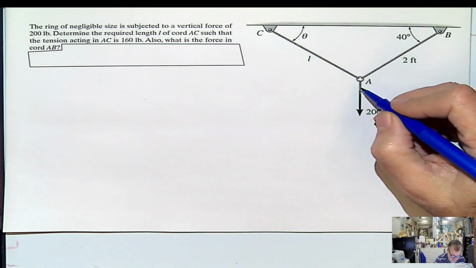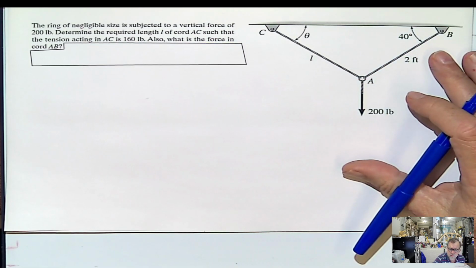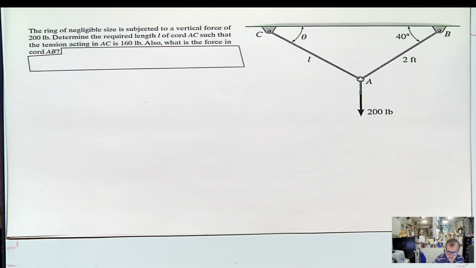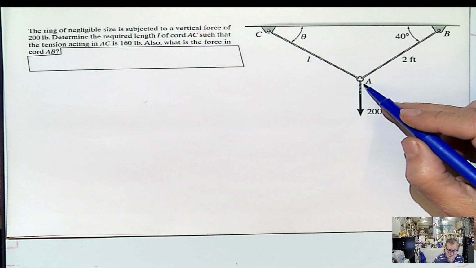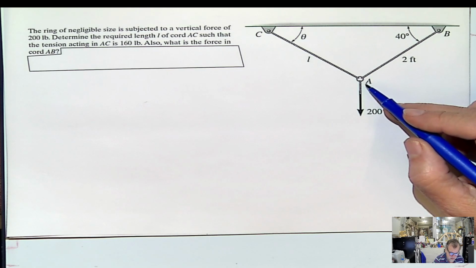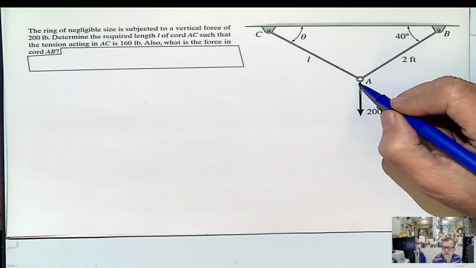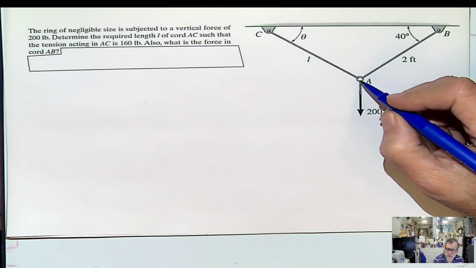Two things. First, do not get confused with this and a small pulley, because this is not a pulley, it's a ring. So why is the problem telling you that it's negligible in size? One reason could be the weight of the ring, which is negligible in this case.